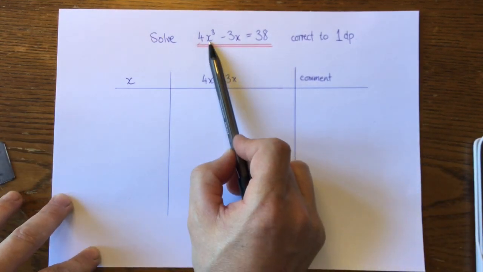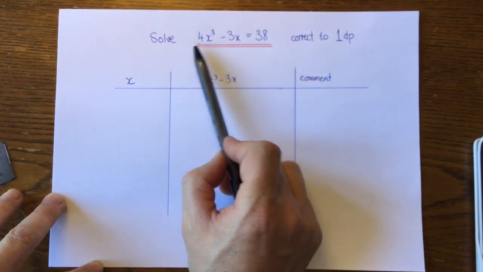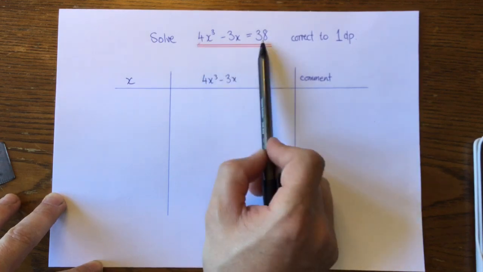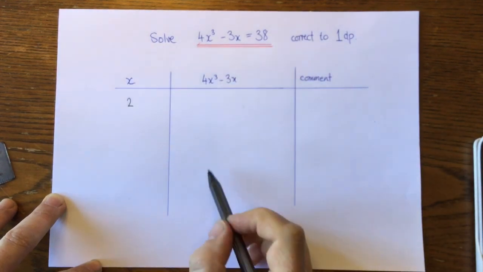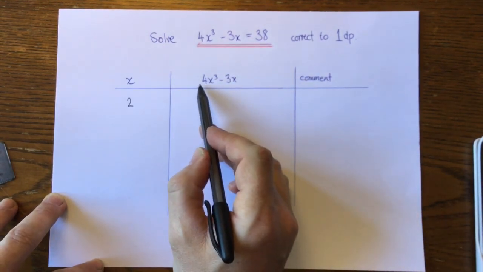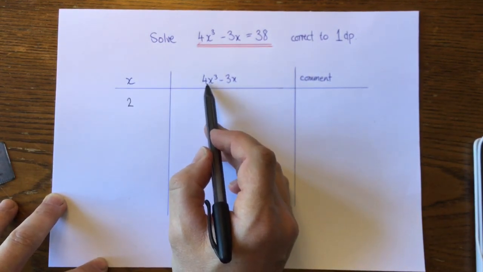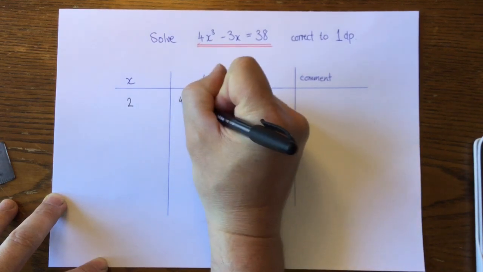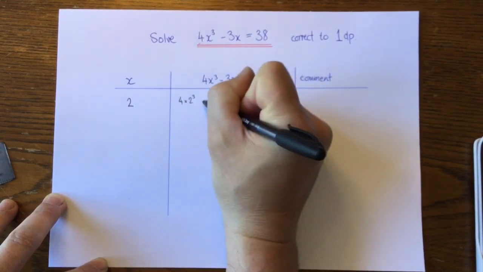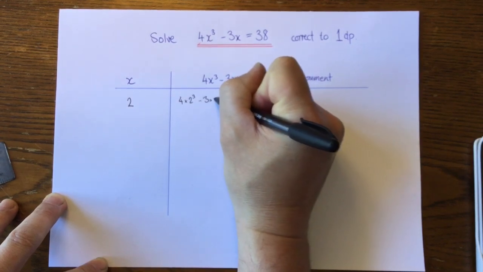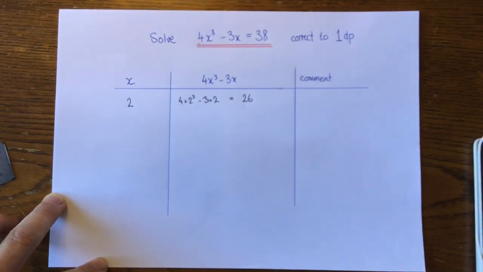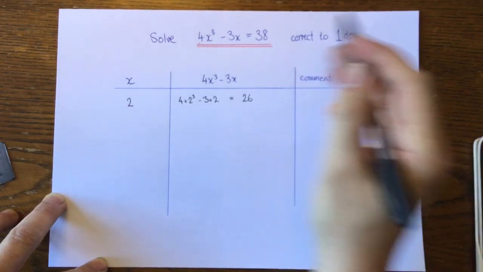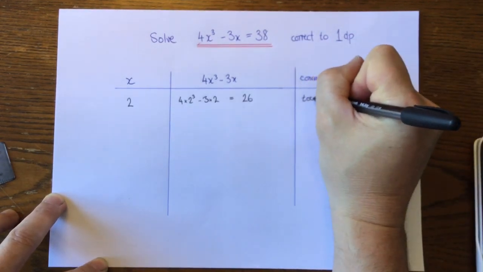I know roughly x cubed, 2 cubed is 8, and 8 fours are 32, so that's quite close. So I'm going to start here with when x is 2. So when we put 2 in for x here, that's 4 times 2 cubed minus 3 times 2. And you put that into your calculator, you should get 26. We want 38. So that's too small.